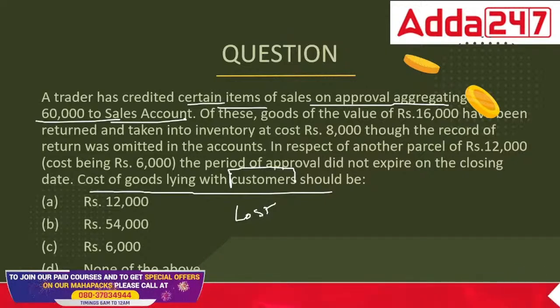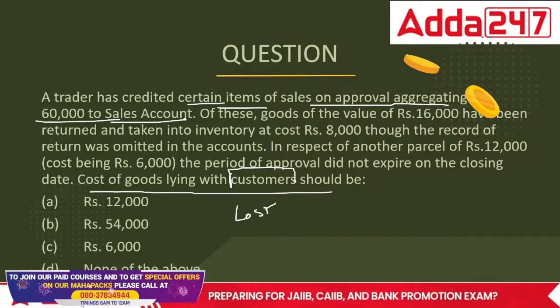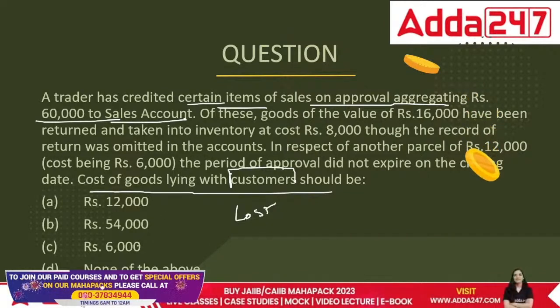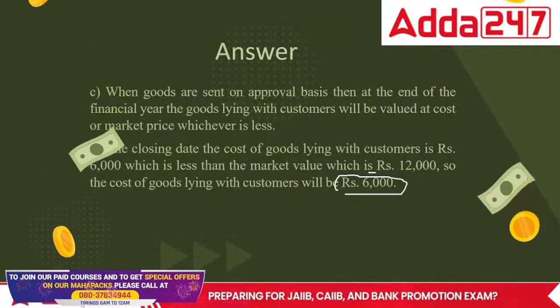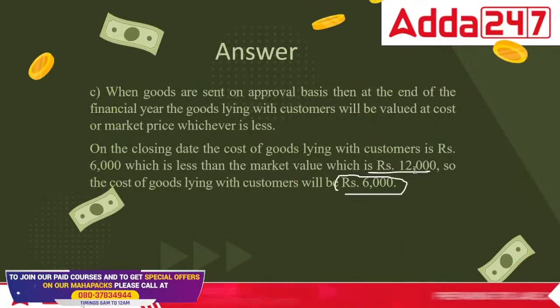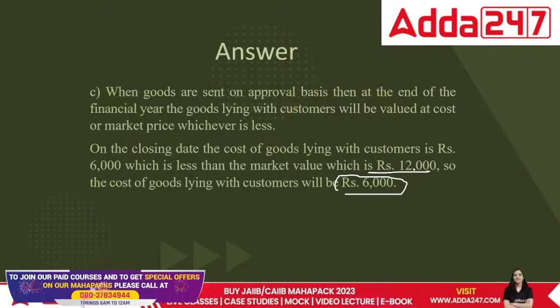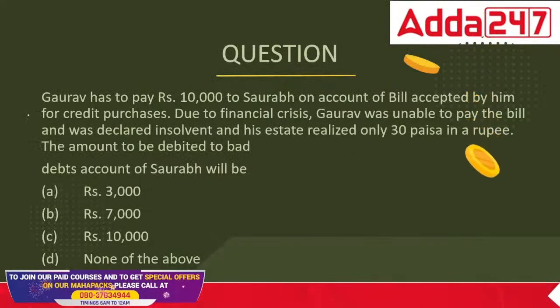If you do not record it at cost, then there is a problem, isn't it? So in this case, the correct answer would be 6,000. We will record it at 6, not 12, because we have sold it at 12, but the value is still 6,000.